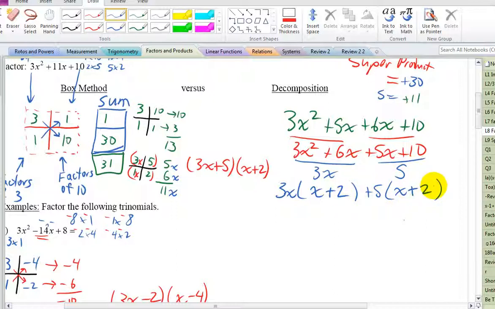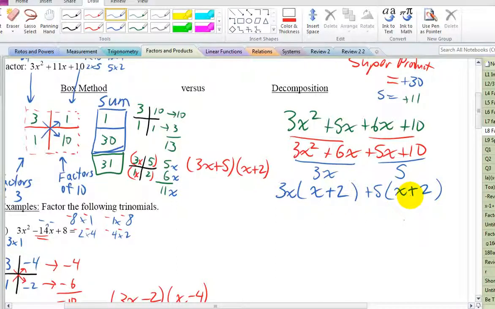X plus 2, it has to be the same. If you're not getting the same remainders, then you have to go back and switch up the 6x and 5x, or whatever's in the middle. They must be the same remainders.